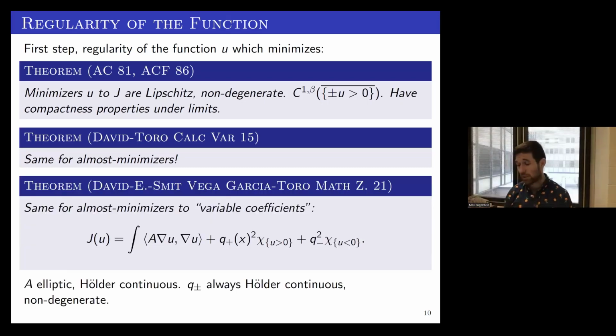And then even more recently, joint with Mariana Smit Vega Garcia, and Guy and Tatiana, we showed that this regularity of the function itself also holds for minimizers with variable coefficients. So this is important when we're talking about the problem I was talking about before, understanding, for example, optimal domains for eigenfunctions on Riemannian manifolds, where this matrix A will then come from the Laplace-Beltrami operator. And we always assume some sort of Holder regularity or non-degeneracy or something like that.